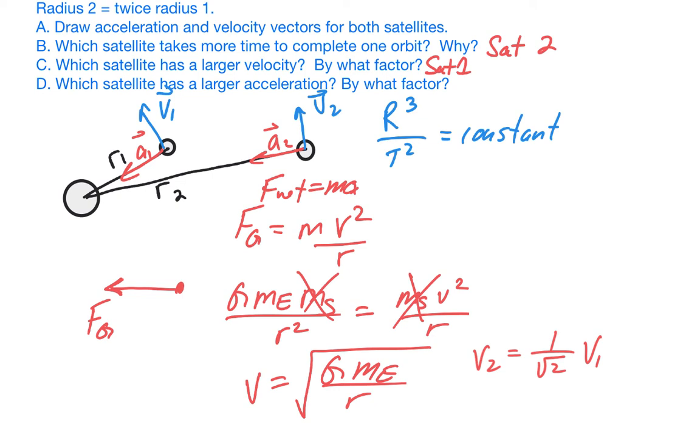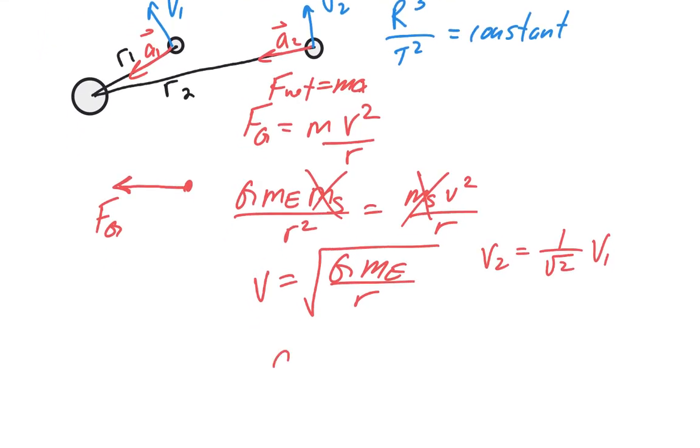I could do something similar for which satellite has a larger acceleration, because I know that acceleration is just v squared over r. So that's interesting because the acceleration is going to decrease by 1 over 2, the square root of 1 over 2 squared, so 1 over 4, and the radius is going to increase.